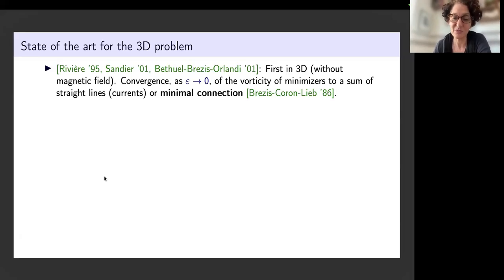So in principle, if you look at minimizers of the energy, they should try to minimize length. So they should be straight lines. Maybe there's some boundary condition, again, that forces you to have these vortices in the first place. But once you know what's happening on the boundary, then you should just connect the dots with straight lines or currents, which in retrospect will be just straight regular lines, or things that are called minimal connections.